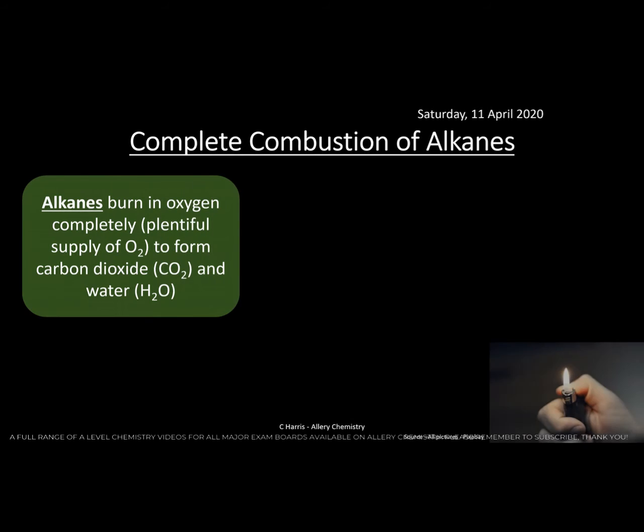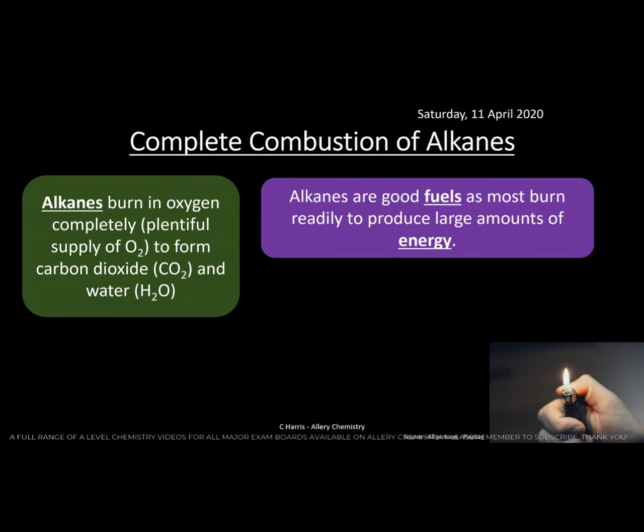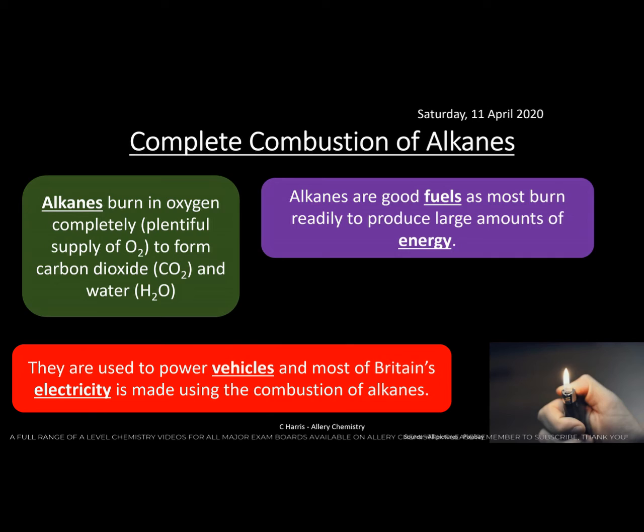Okay, so let's look at an example of that. Let's look at the complete combustion of alkanes. Alkanes burn in oxygen, and there's got to be a plentiful supply as well for it to burn completely, and it forms carbon dioxide and water. Now, alkanes are good as fuels because most of them burn readily, and they're useful in, for example, powering a car. They're also used to make electricity.